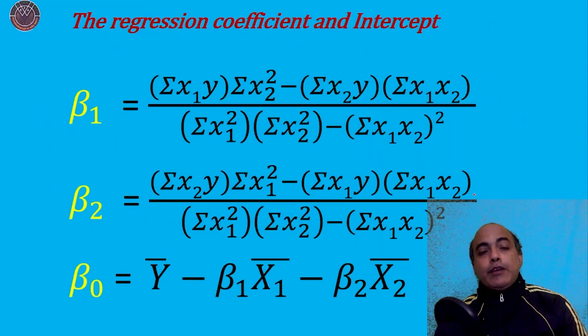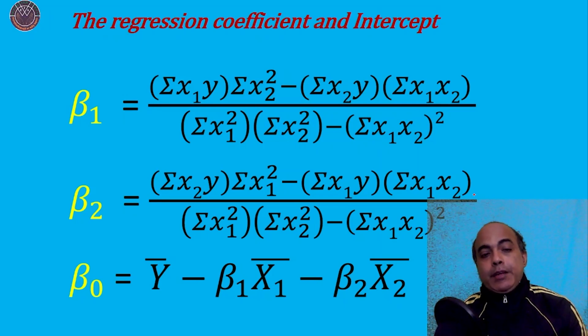Now, as I told you in the previous video also, we have to get the regression coefficients and the intercept. So in the previous video, we got the beta 0 and beta 1. Now we just try to see here the formula of beta 1 and the formula of beta 2.